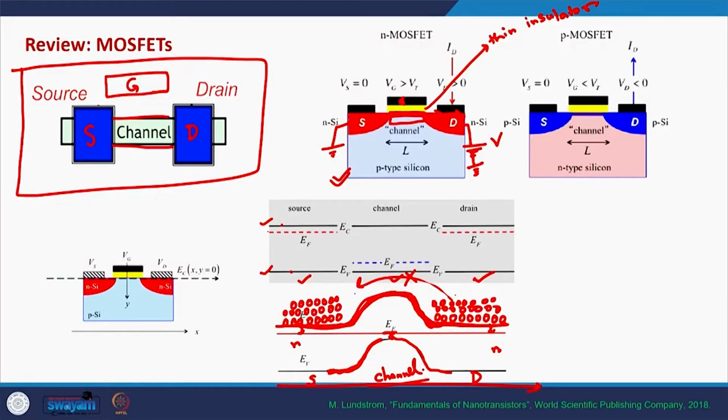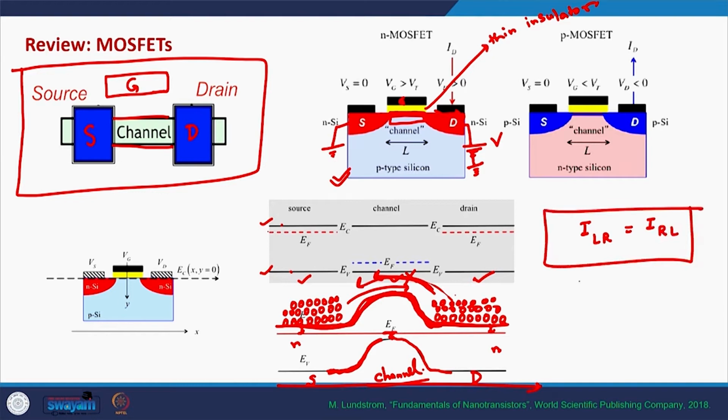At most, the number of electrons that cross the barrier from left to right is equal to the number that cross from right to left, which means the current from source to drain is equal to the current from drain to source. That is the situation in equilibrium.